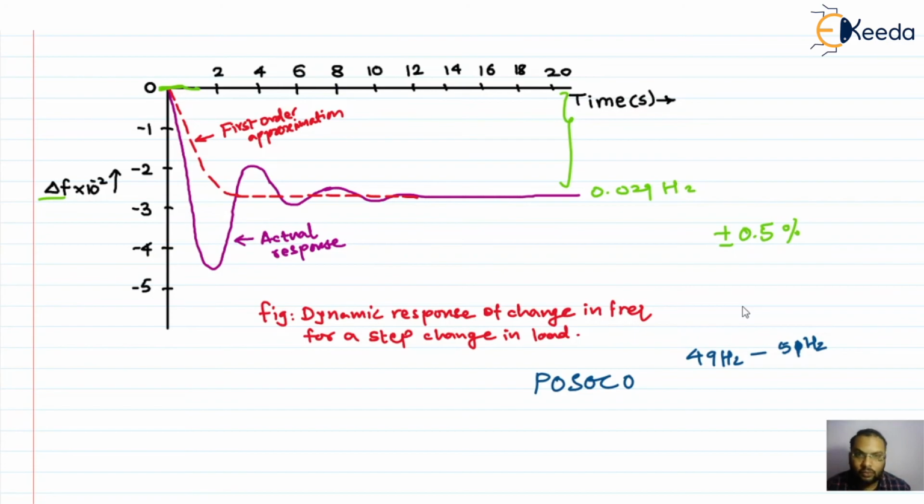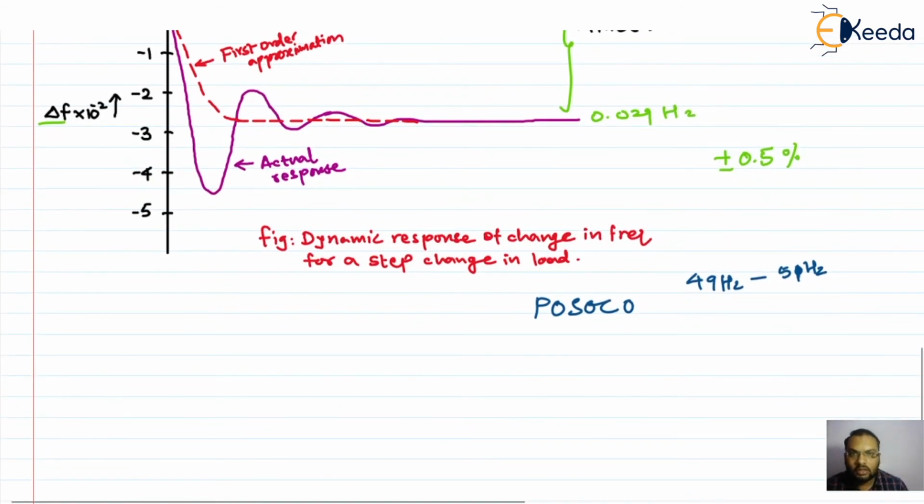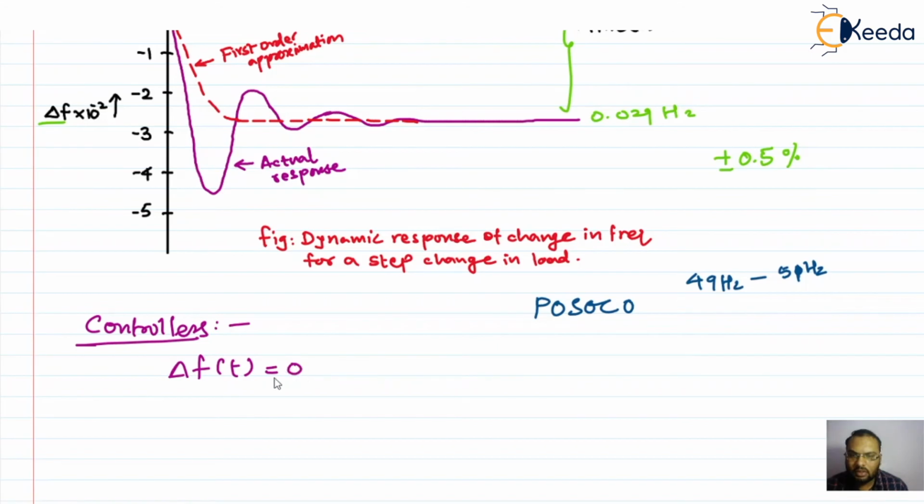Of course, we don't expect the change in frequency to be some definite value. If you want to minimize the change in frequency, then you have the provision to go with controllers. If you want, you can use a proportional controller. Controllers can be used to make this change in frequency approximately zero, near to zero.